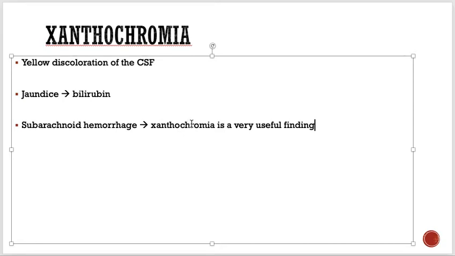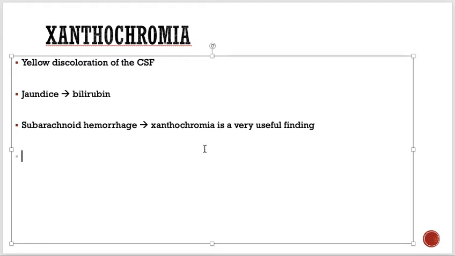Why is xanthochromia there? Because there is bleeding in the subarachnoid space, and bleeding means RBCs, and the RBCs will be broken down and release bilirubin. Basically, what we do in reality is first perform a CT scan of the head to rule out any increased intracranial pressure.